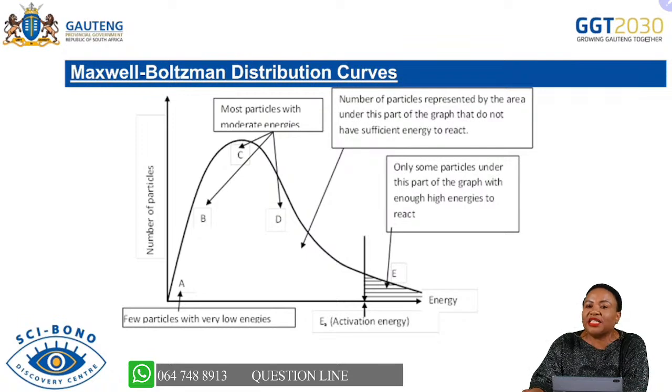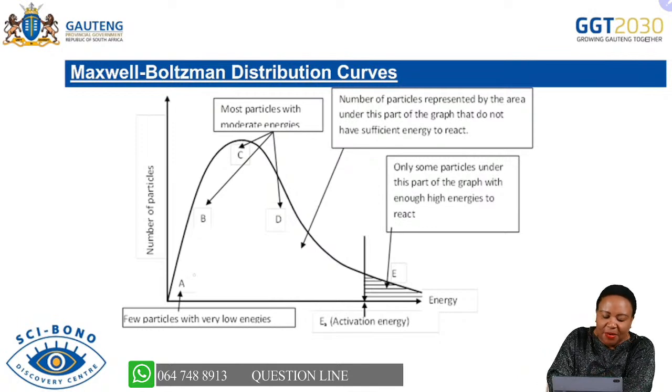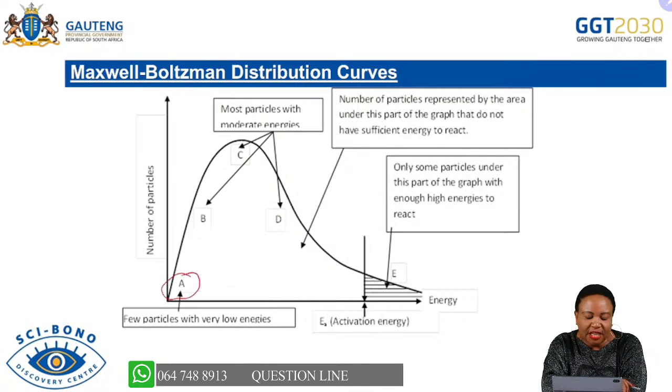This curve will assist us to know which region represents what type of particles, or what type of energy of particles. When you look at our graph, we have A, B, C, D, and E. At A, there are few particles with very low energy, meaning that at A, particles have very low energy.